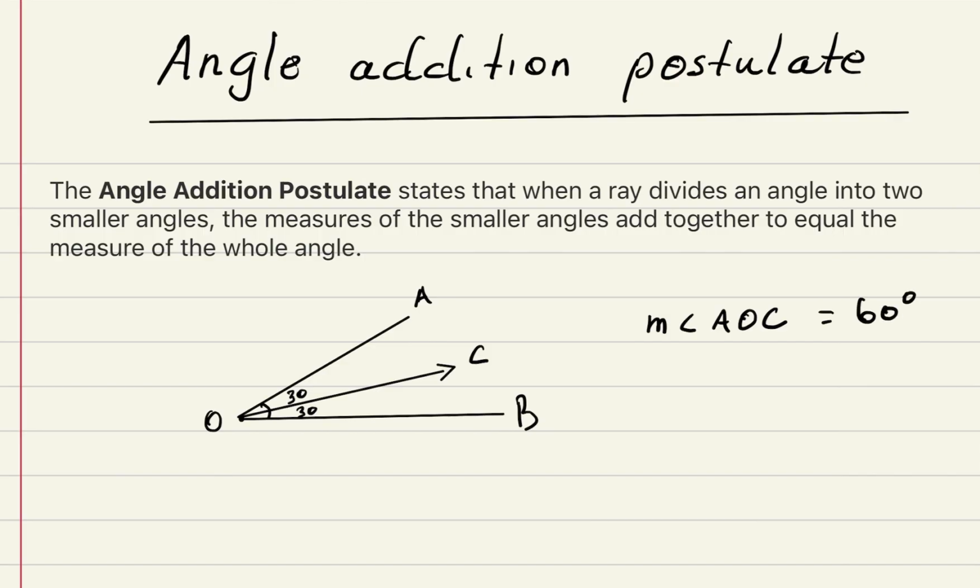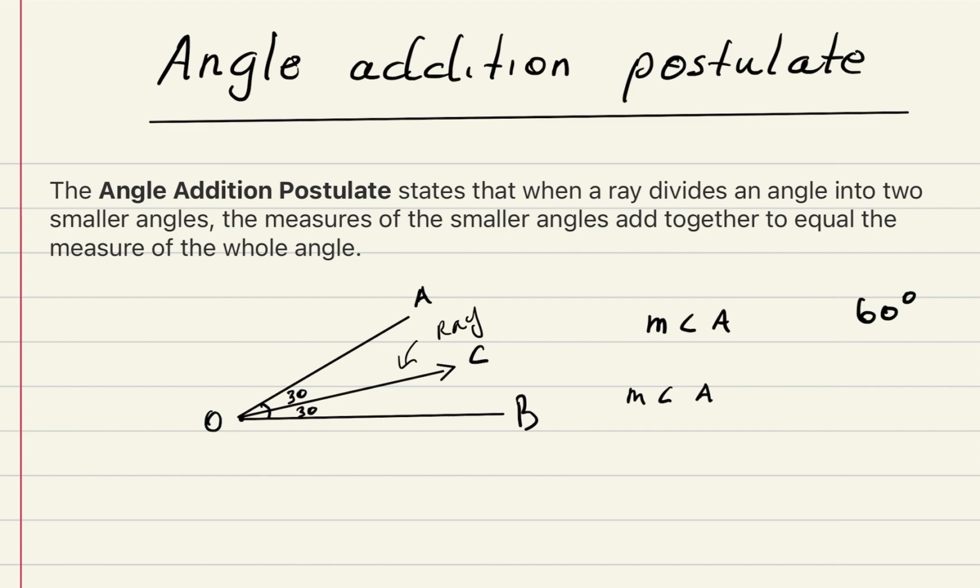And then we have the ray. So right here, this is the ray. You can see this ray essentially bisects it. So it splits it into two smaller angles. Those smaller angles are measure of angle A. Oh, sorry, the last one was not correct. Let me clear that up.